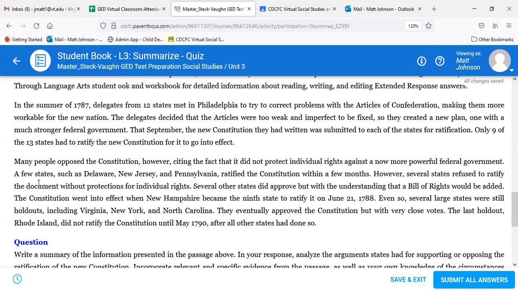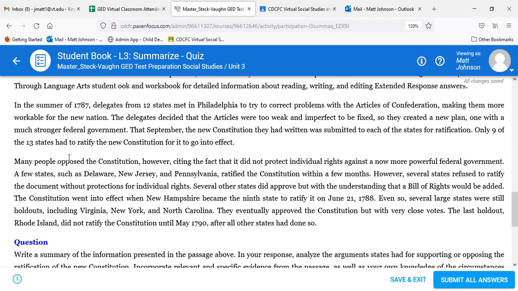So over time, the states ratified the Constitution with the promise of a Bill of Rights or something along those lines.